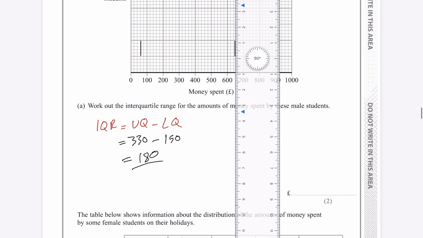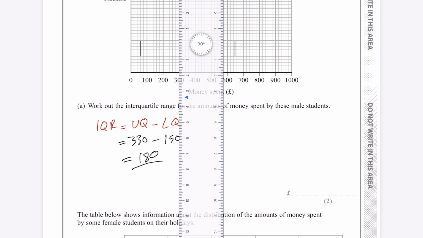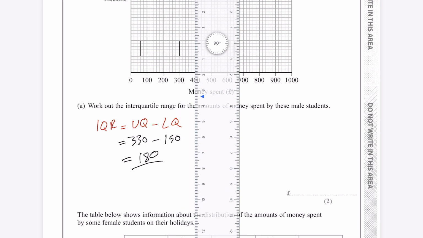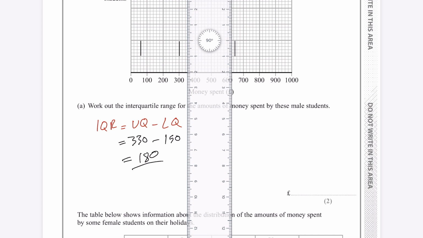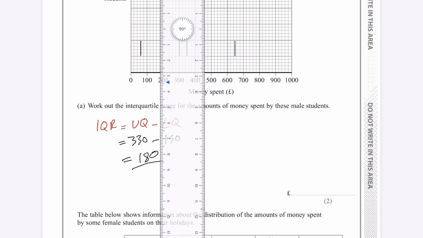The median is 300. The upper quartile is 350. And the lower quartile is 180, so that goes there.